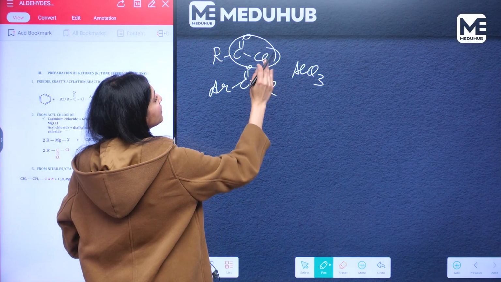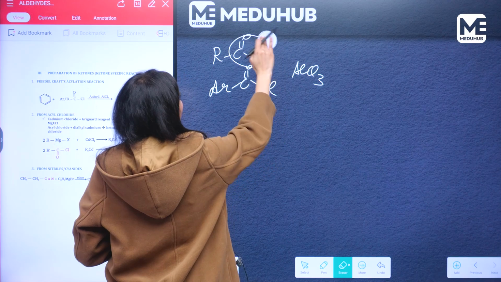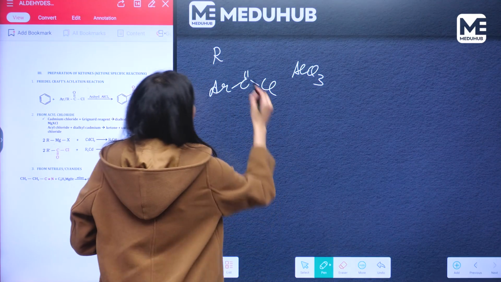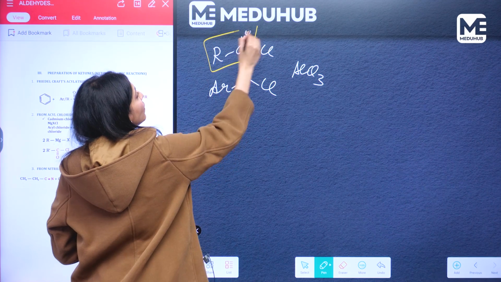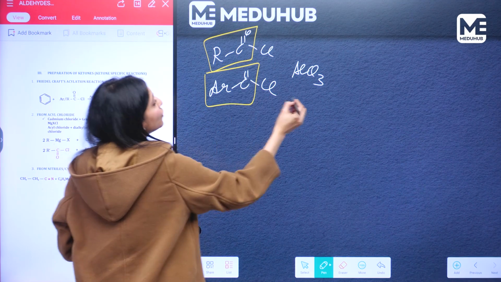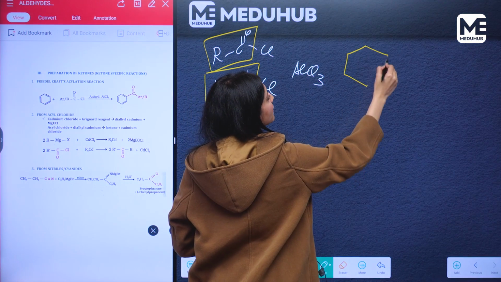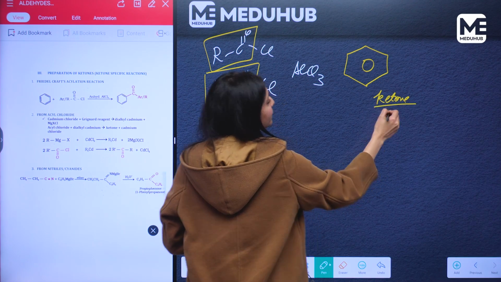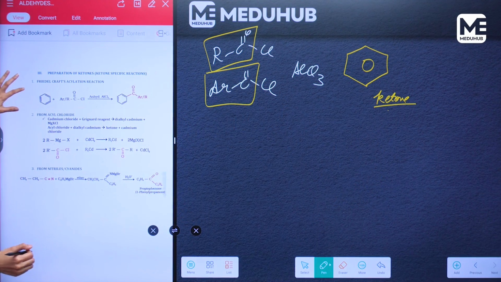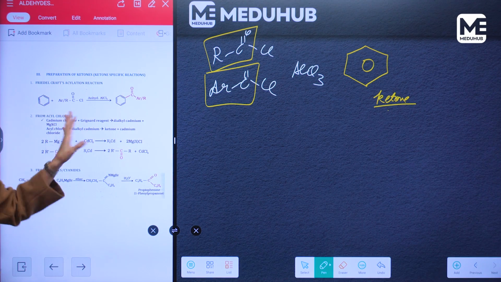This part, COCl, this part gets added on to the benzene ring to give us a ketone. Right? That's Friedel-Crafts acylation.